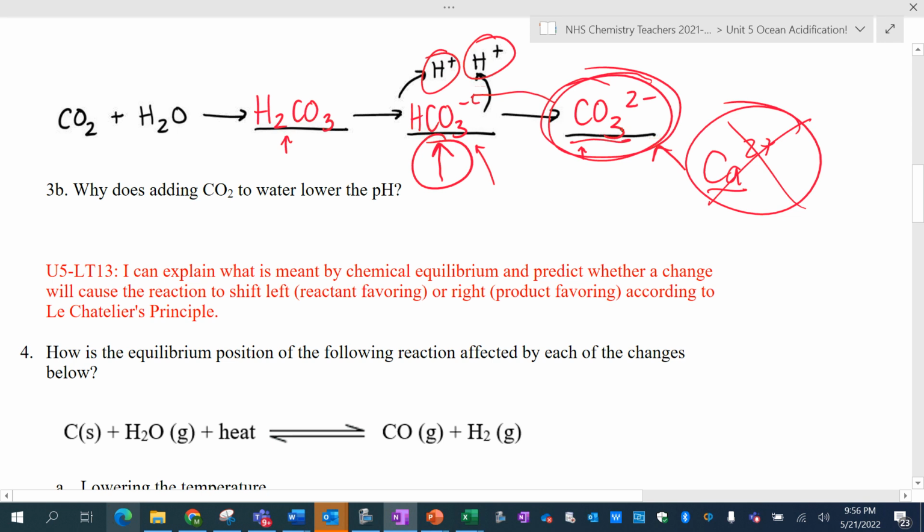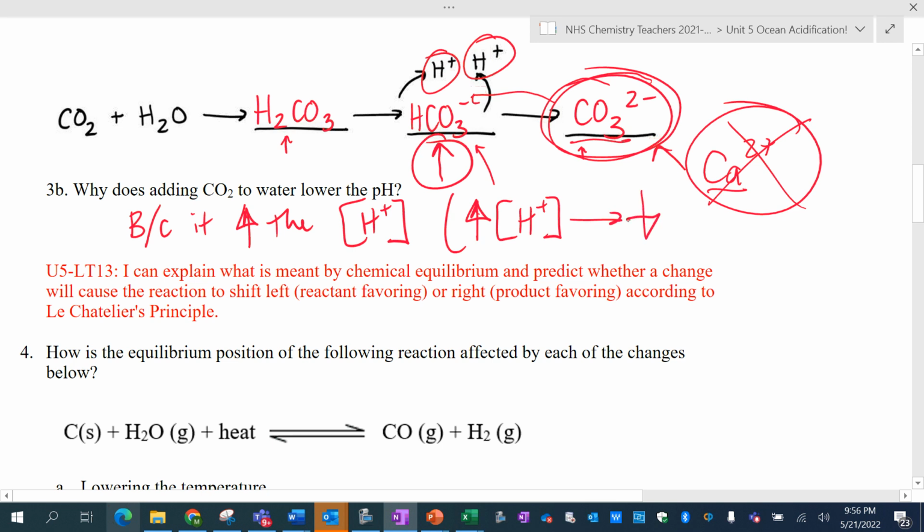Why does adding CO2 to water lower the pH? Because it increases the H+ concentration. And the higher the concentration of H+, that means the lower the pH, which means that it's more acidic.